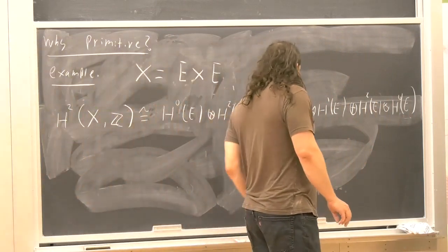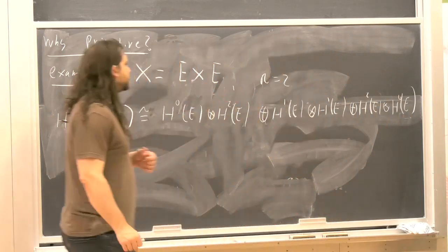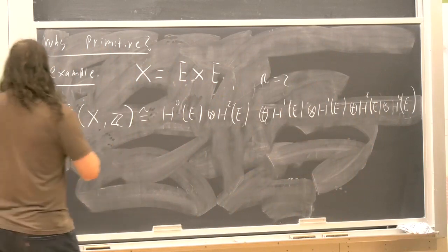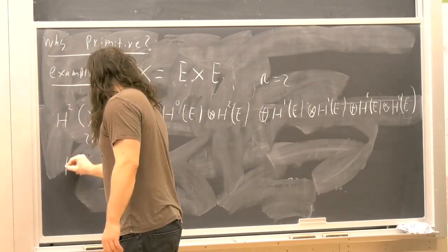And so we see here that automatically something wrong happens. If we look at the de Rham H2, this is canonically isomorphic to H2 de Rham.